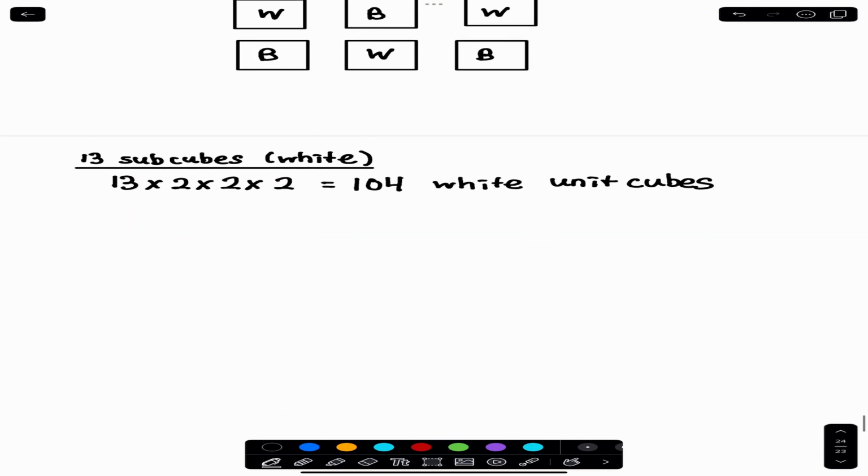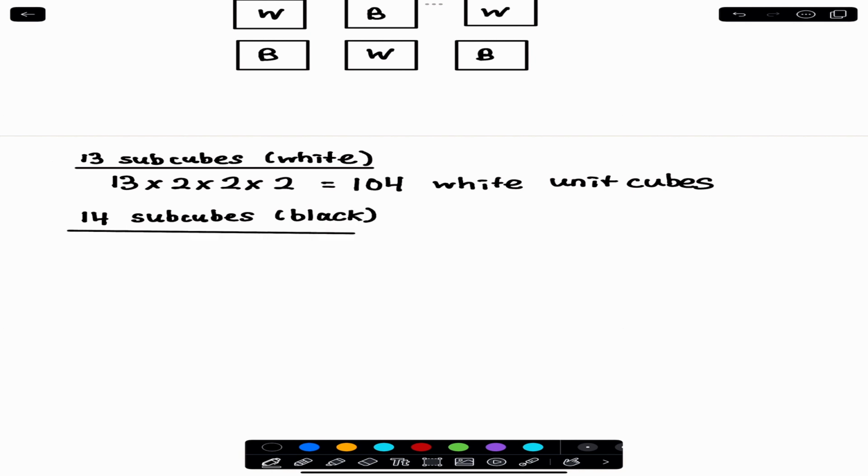Great. Since we have 13 white subcubes, we have 14 black, because remember we have 27 in total. And the amount of unit cubes that they cover is 112.